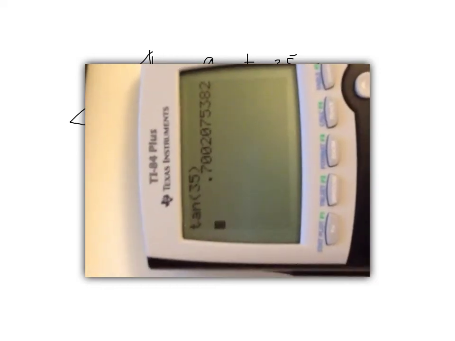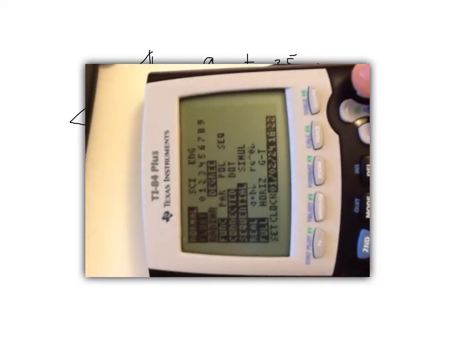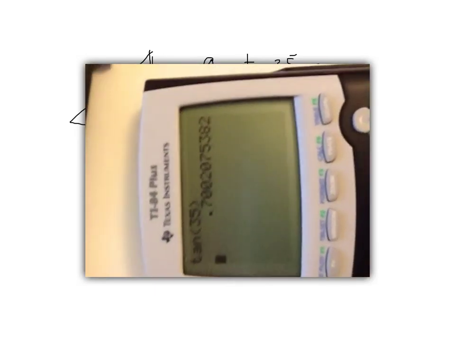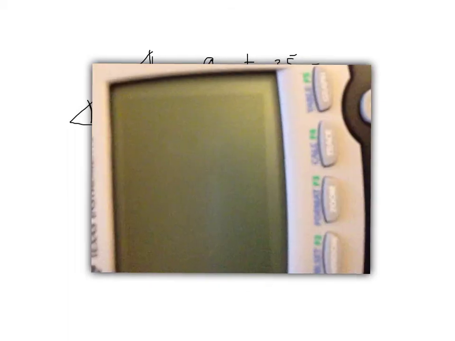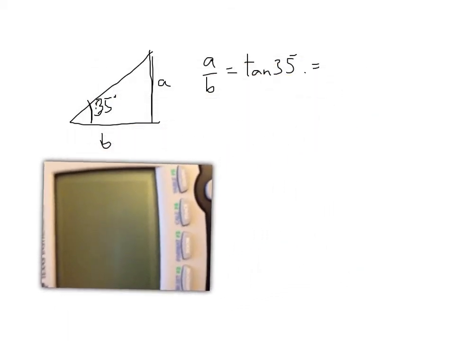Now before you do anything, you should always check that your calculator is in degrees. If you don't get this answer, make sure that your calculator is in degrees, but that's simply how you do it. Now, I can therefore say that this is going to be 0.7. That's the ratio.